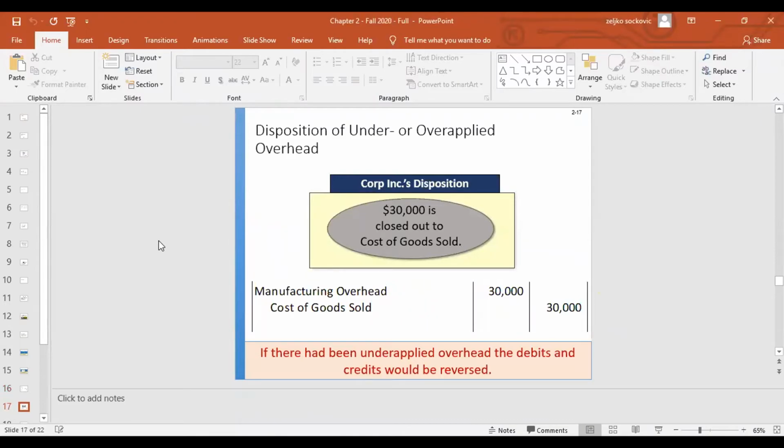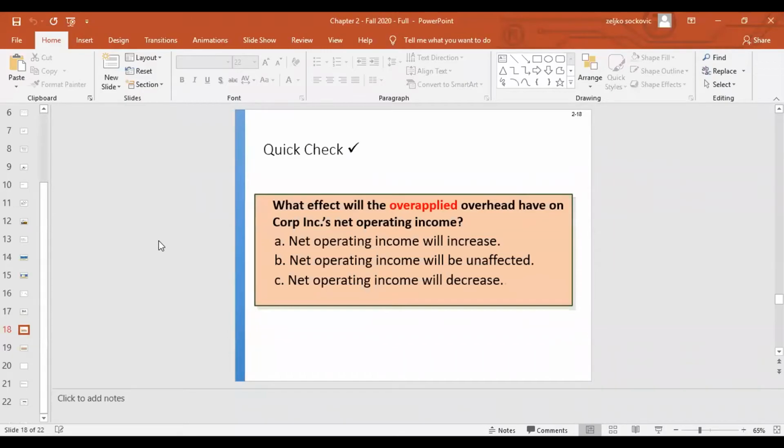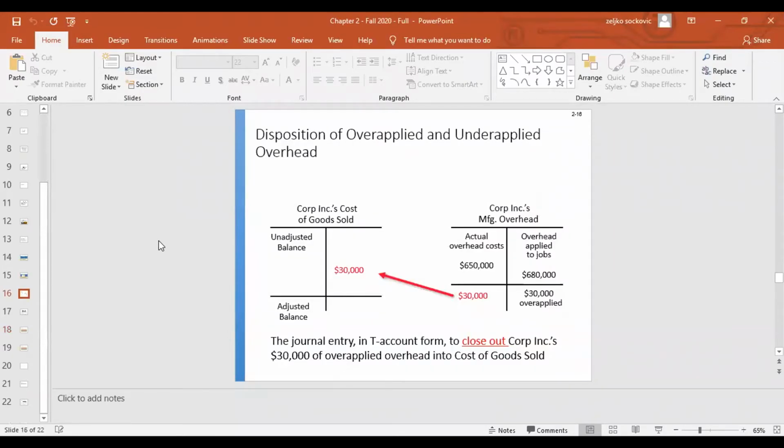Again, we just covered this. If you had under applied, then it would be reversed. But again, you don't need to worry necessarily about the account. Let's say actual is 680 and applied is 650. Well, in that case, you're thinking, well, I actually spent 680. But I put into my product just 650.